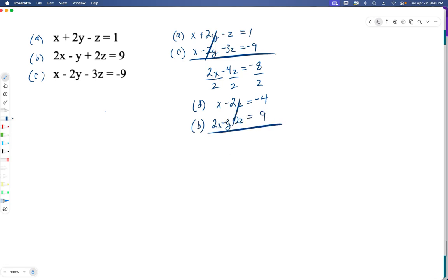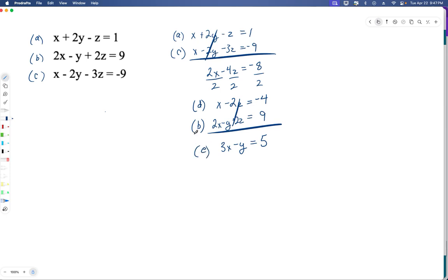These two would cancel, so I'd have 3x minus y is equal to, oops, I did not do the math, did I? That would be 5. Negative 4 and a positive 9. So that's actually a new equation for us. That would be E.